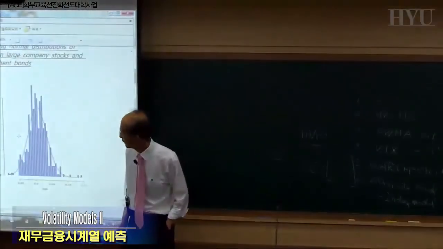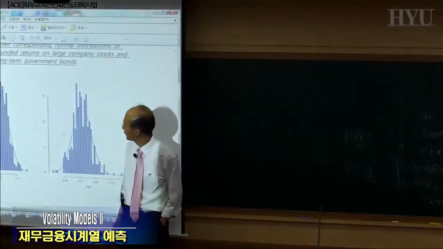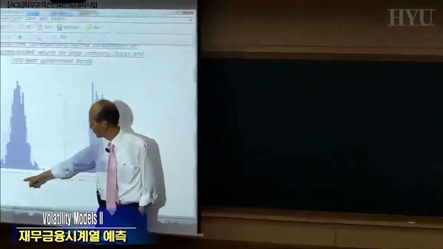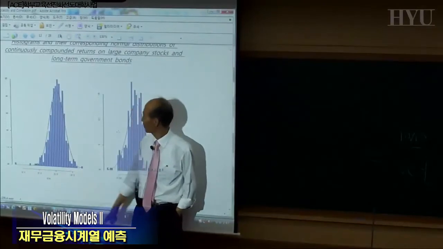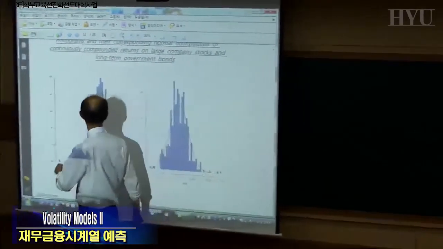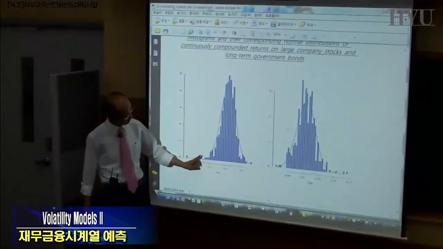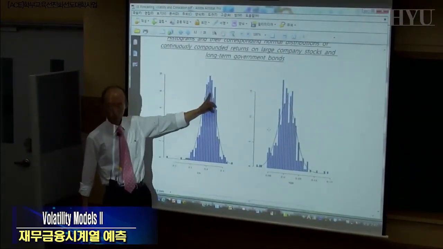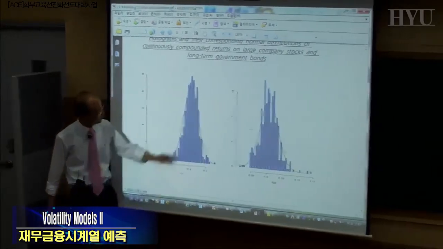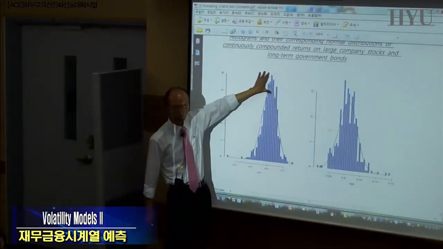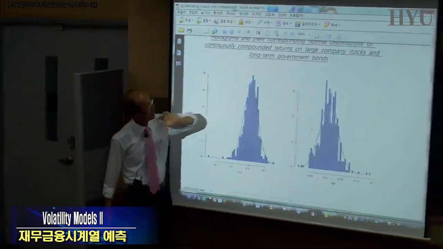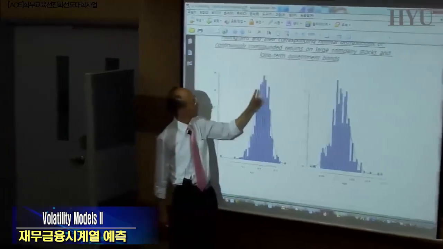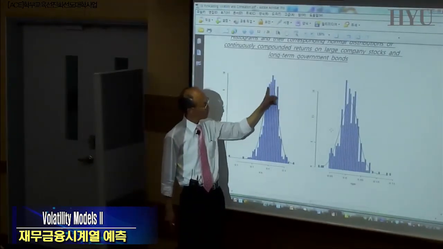If you are looking at the empirical distribution or histogram of, let's say, large capital stock returns, and comparing it with a comparable normal distribution function, there is a feature like this one. We call it a leptokurtic distribution. So it's more peaked than the corresponding normal distribution.